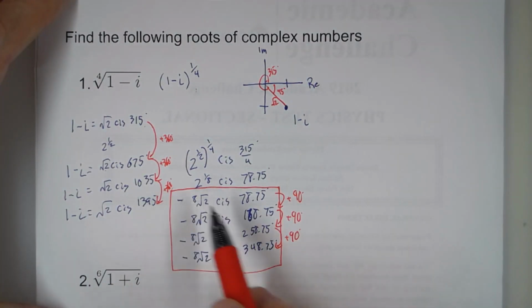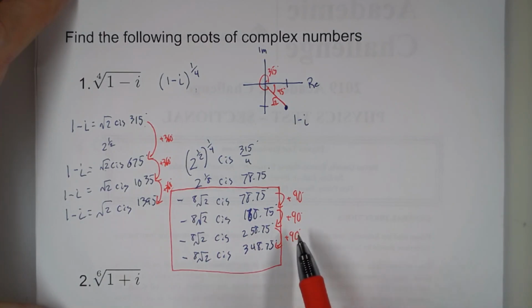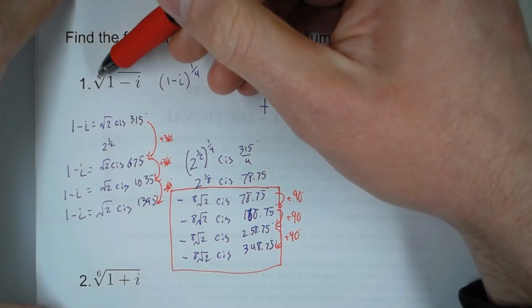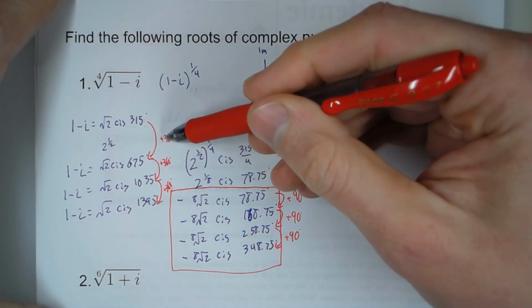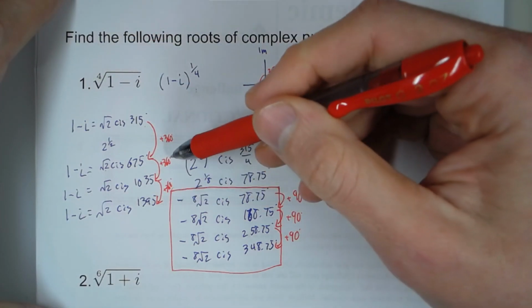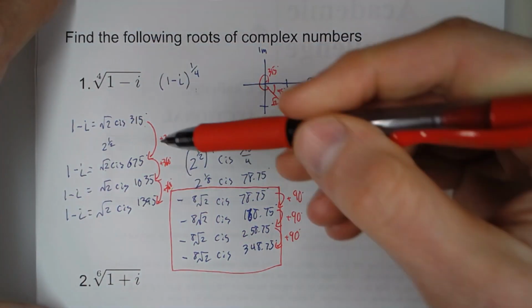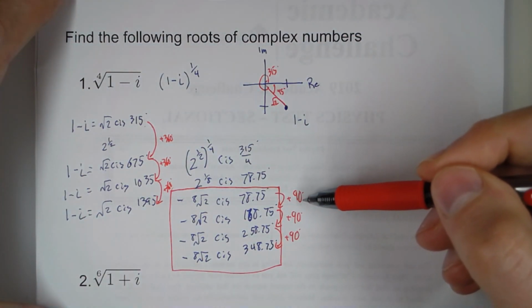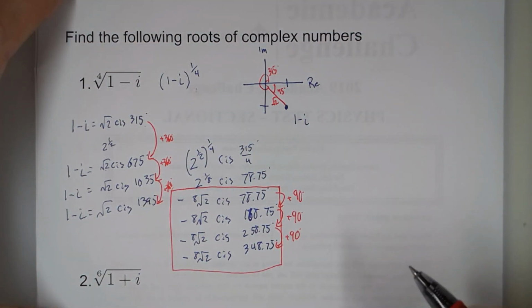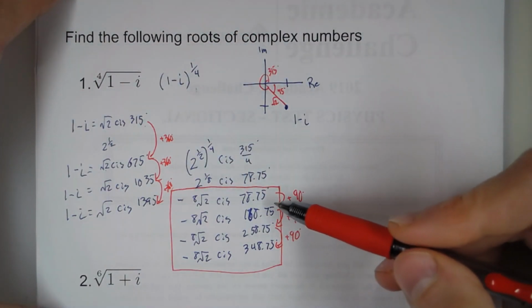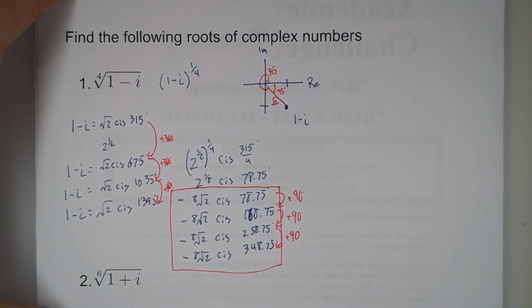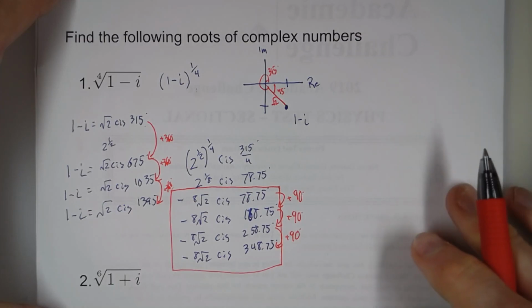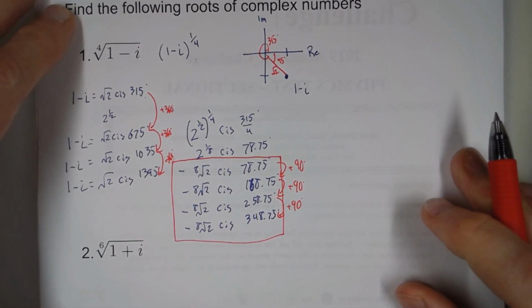Now, this is not a coincidence, because what were we taking? We were taking the fourth root. So we take all of these that differ by 360, and now they differ by 90, because 360 divided by 4 is 90 degrees. So with fourth roots, all the answers are going to differ by 90 degrees when we write them in trigonometric form.